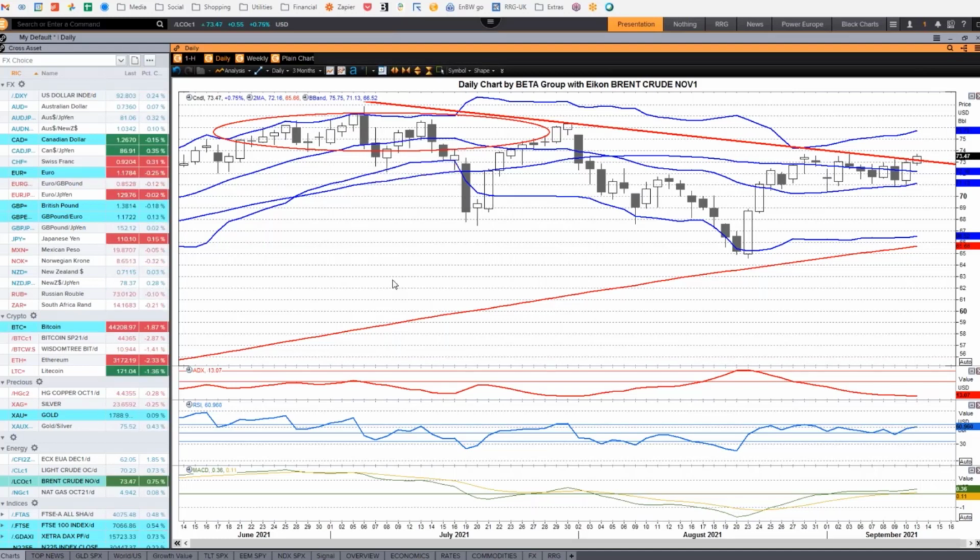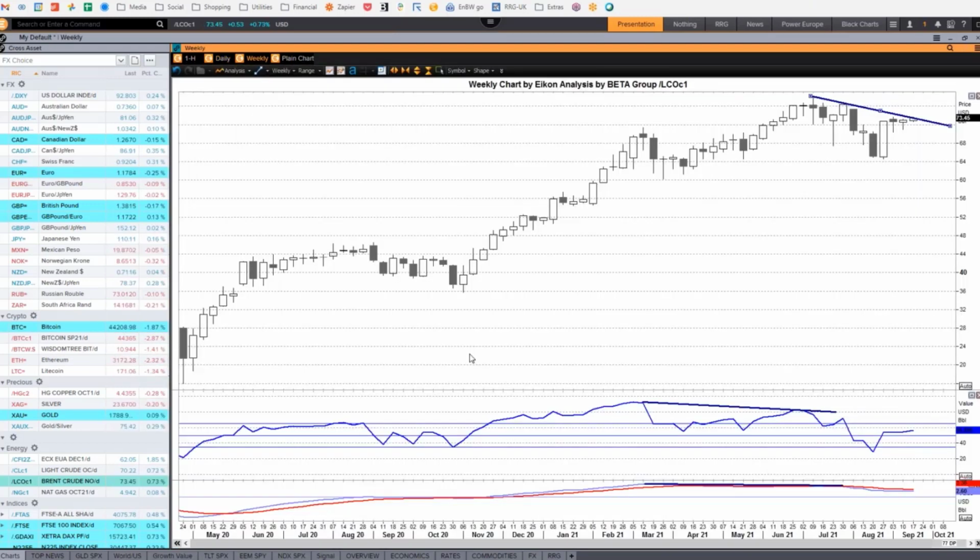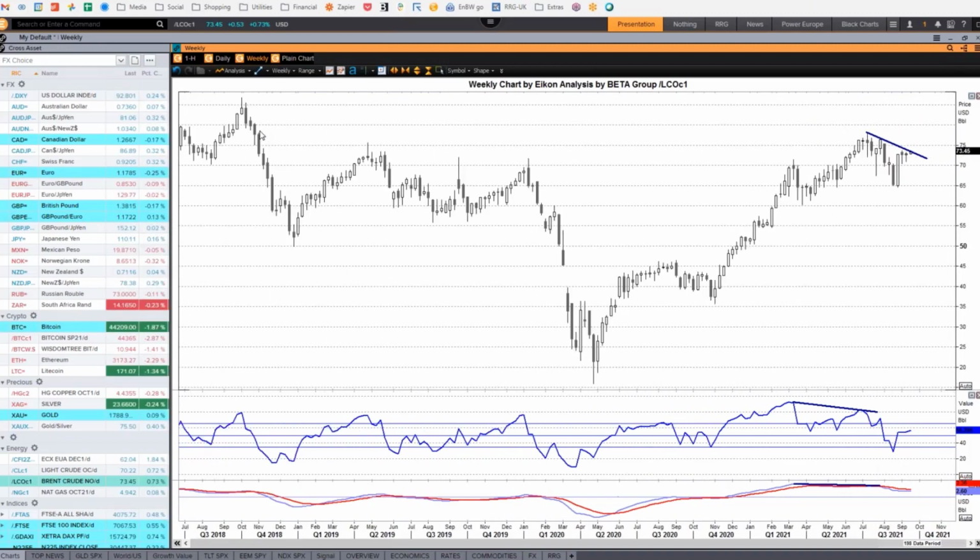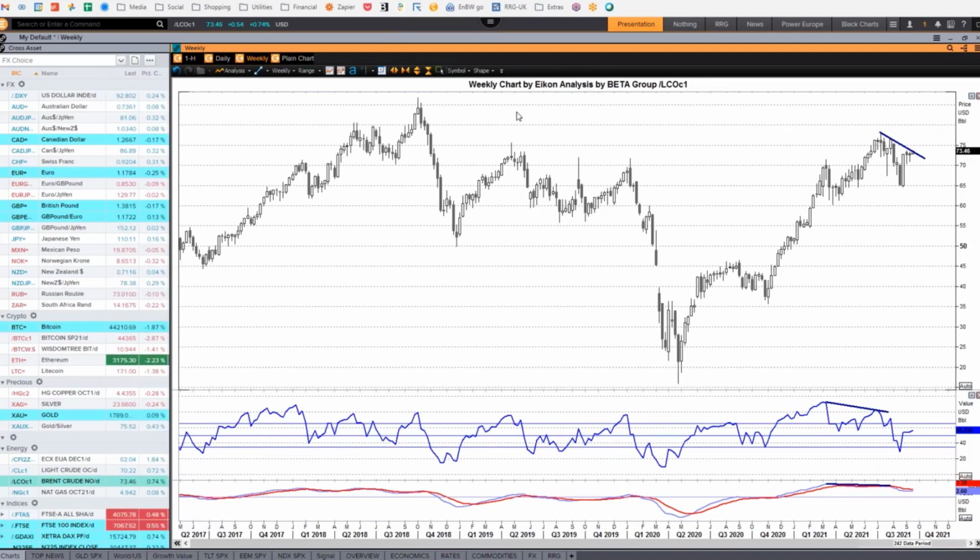But why this is also important is if we go to the weekly chart, we are flirting with the 2019 highs here. So I'm bringing them in here. Here's 2019.